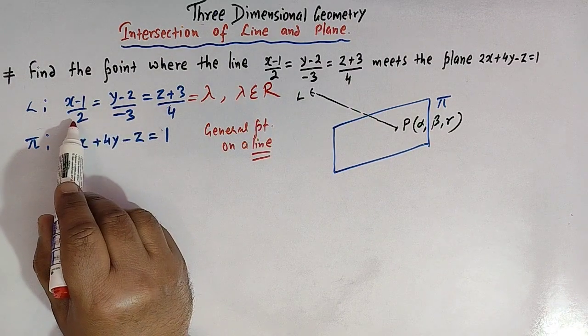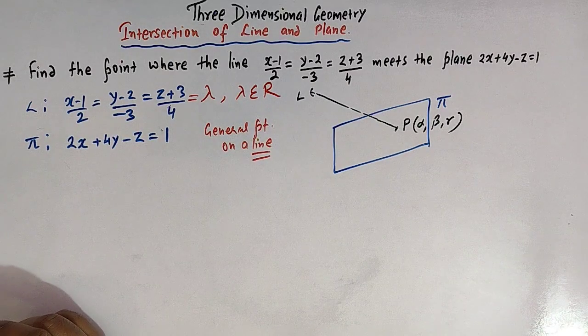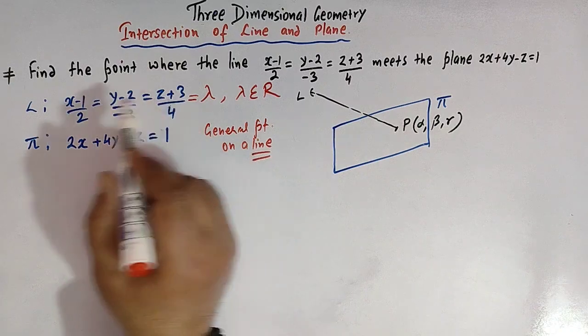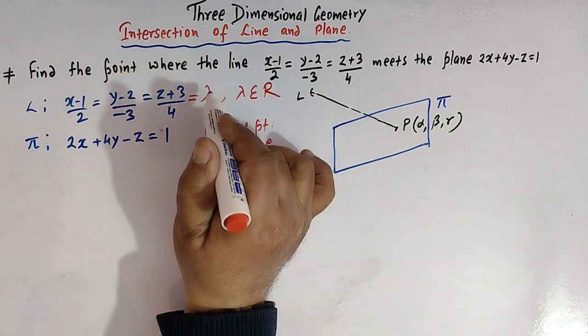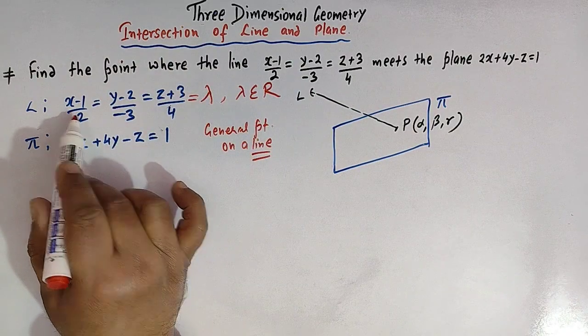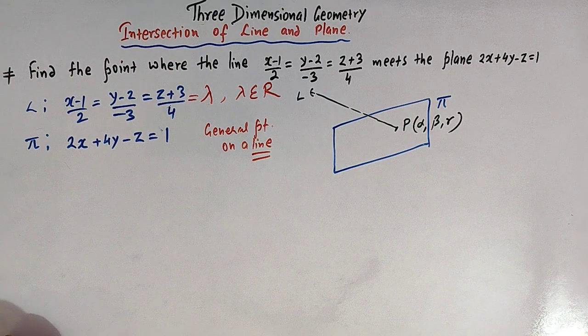In order to find the coordinates of the general point lying on a line, we equate these three terms to lambda, and we'll find the values of x, y and z in terms of lambda.